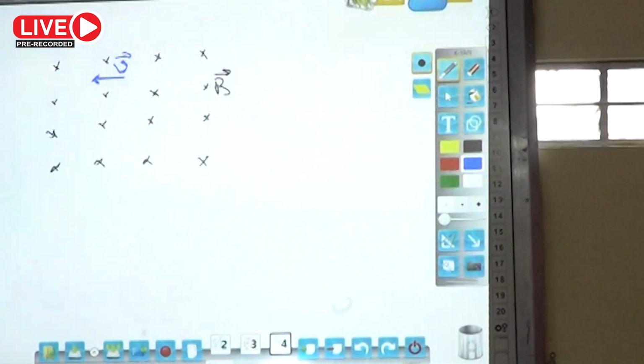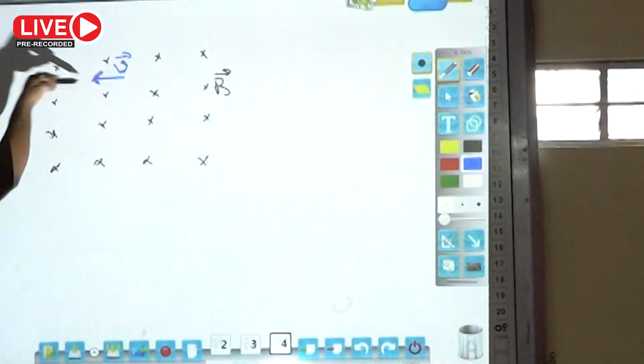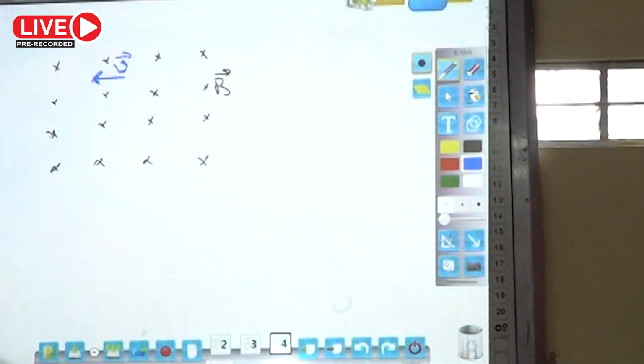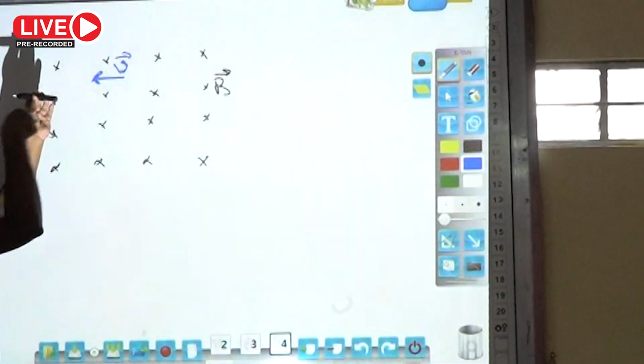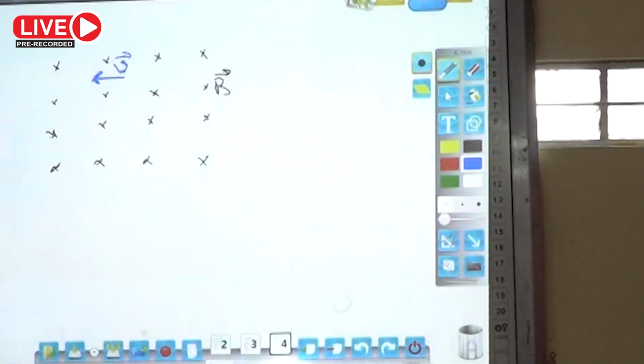Then what is the angle between v and B? 90 degrees. B is inward and v is horizontal. V is like this and B is inside. The angle between them is 90 degrees. It means v and B are perpendicular to each other.